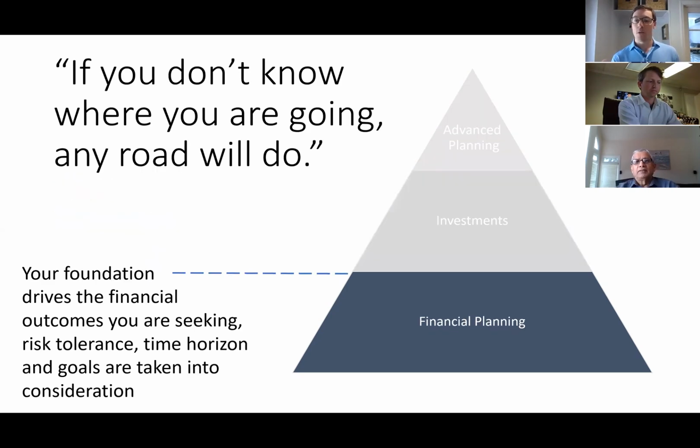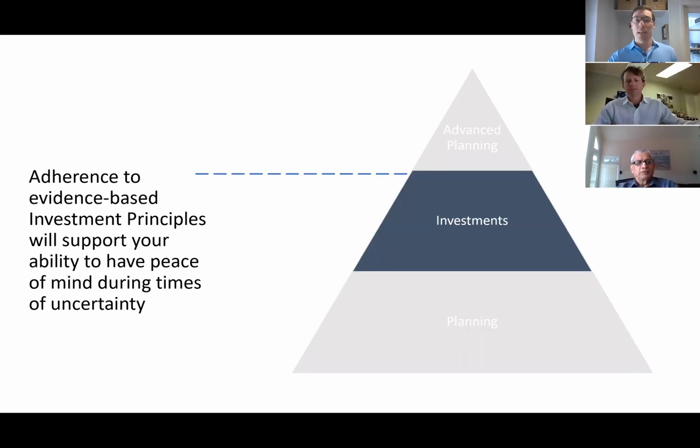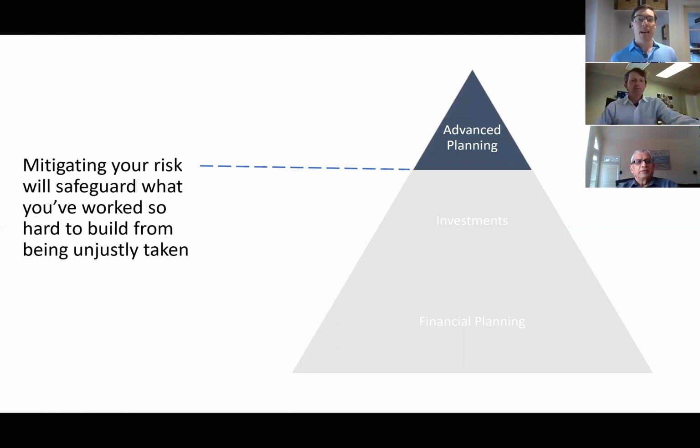In our first webinar, we talked about one of the most foundational pieces of any financial plan, which is an emergency fund, and we'll continue building on that next time. Today, as Kenny mentioned, we're going to get into the very basics of investments. And with our next webinar, two weeks from now, we'll start on some initial advanced planning strategies.